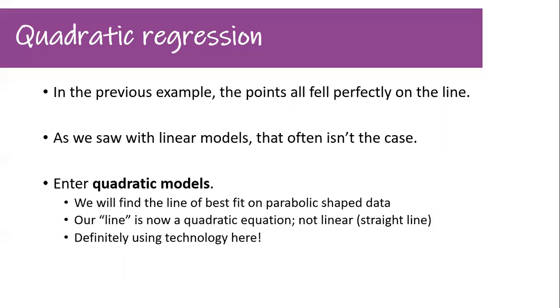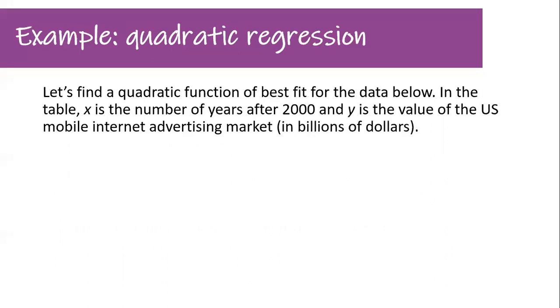We are definitely going to let our calculators do the work for us here. These can be done by hand, but it's not simple and it takes a lot of time. So instead, we're going to let our calculators do the work just like we did for linear regression. And we're going to see how here in a moment. Let's work through an example to see the steps necessary in the calculator.